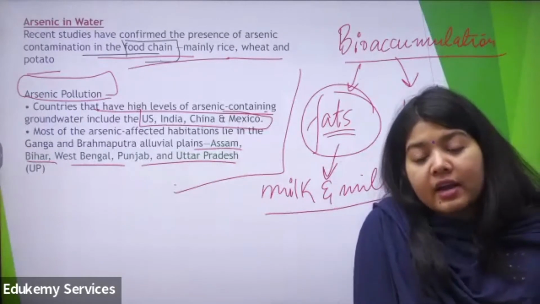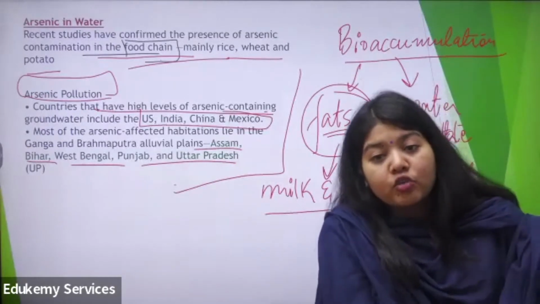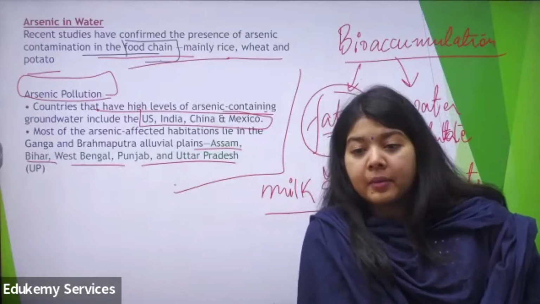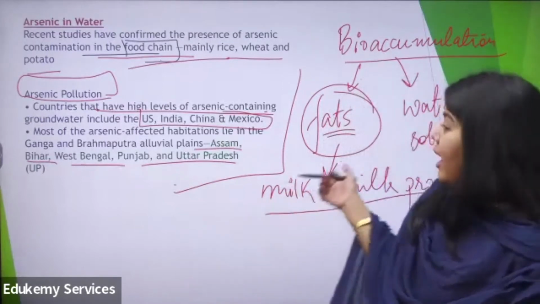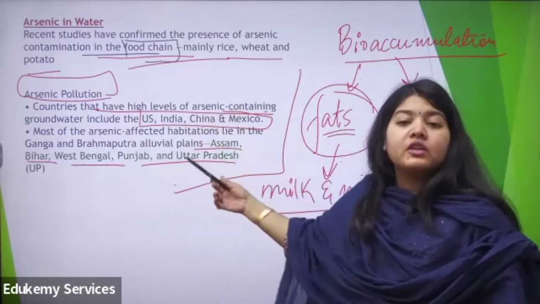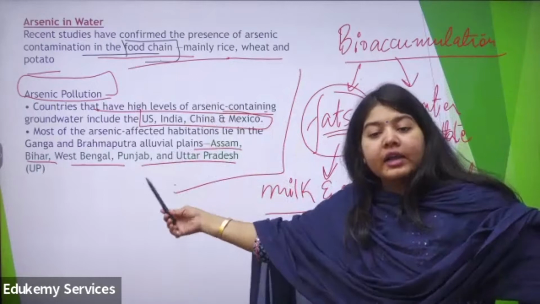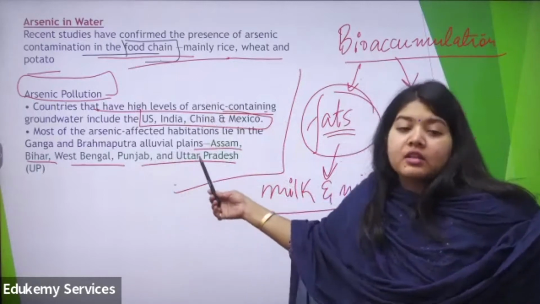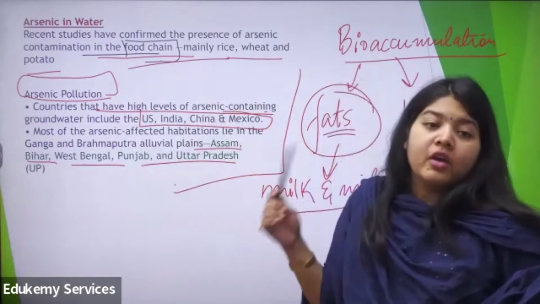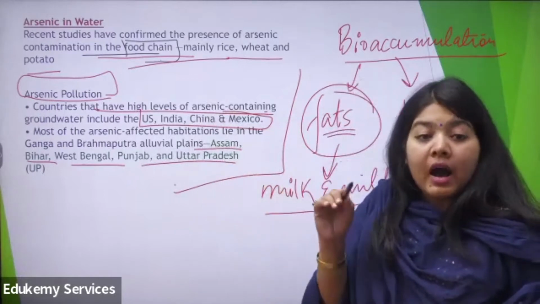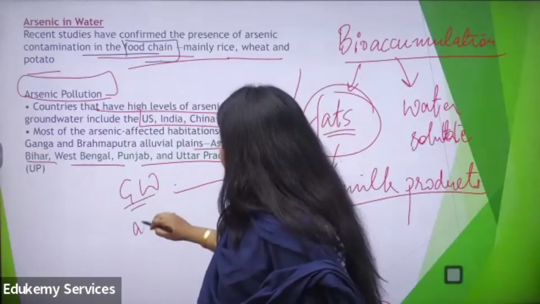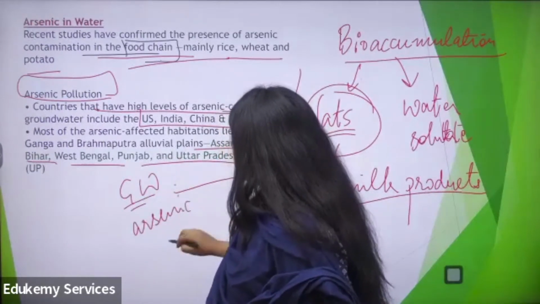Aren't these exactly agriculture-intensive alluvial plains, the Ganga-Brahmaputra river system area? So I have unsustainable agricultural practices in all of these highly agriculture-intensive states, which have been found to have the highest groundwater arsenic contamination.